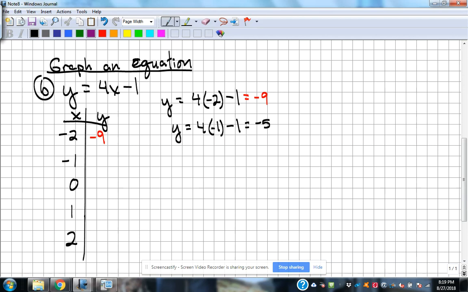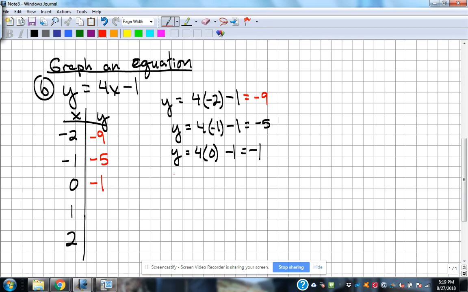Negative 5. Then I'm going to plug 0 in. That one's getting easier. 0 times 4 is 0. 0 minus 1, negative 1. So I got a negative 1 right there.